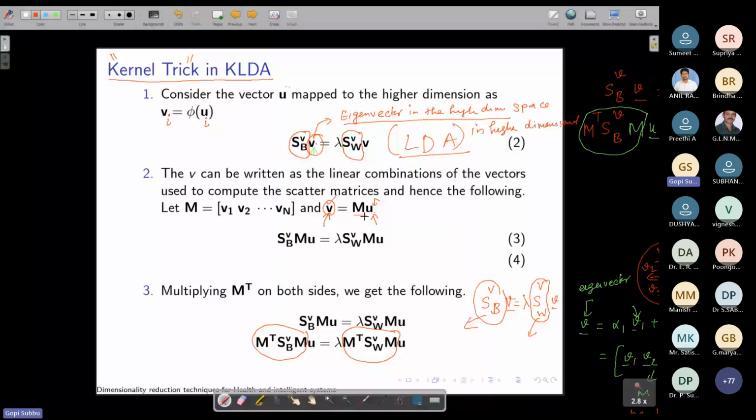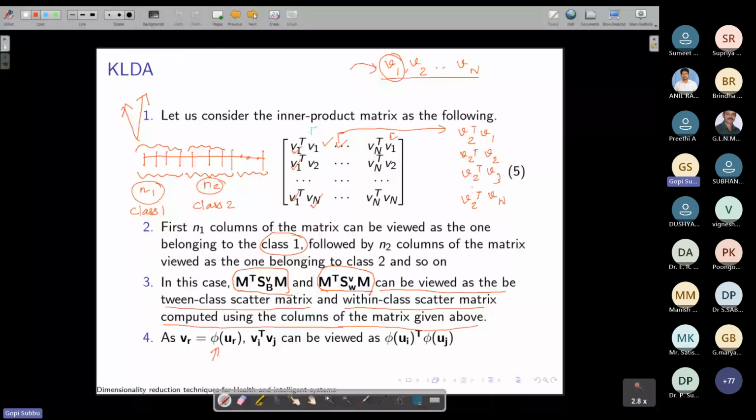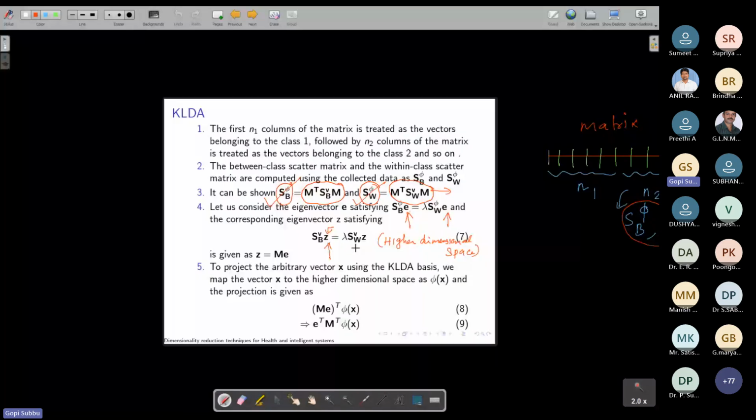We are able to write that Z vector, which is actually in the higher dimensional space, as M into E. The meaning is we actually compute the vector E using this kernel trick.